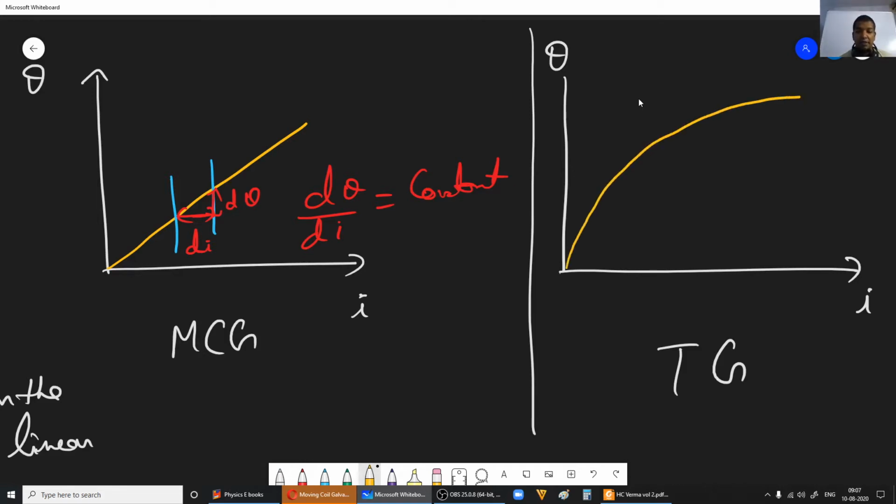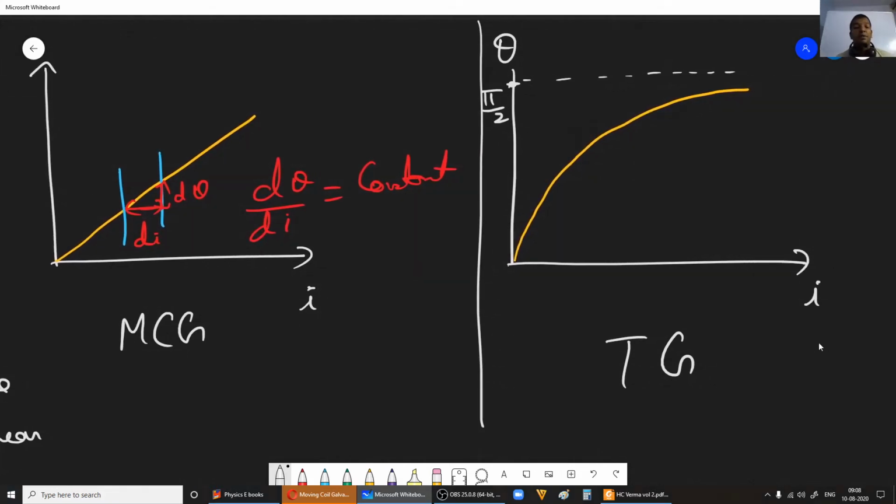Once theta approaches 90 degrees, that won't happen, at least not while taking readings. This can be marked as pi by 2, and when theta is pi by 2, it approaches infinity.